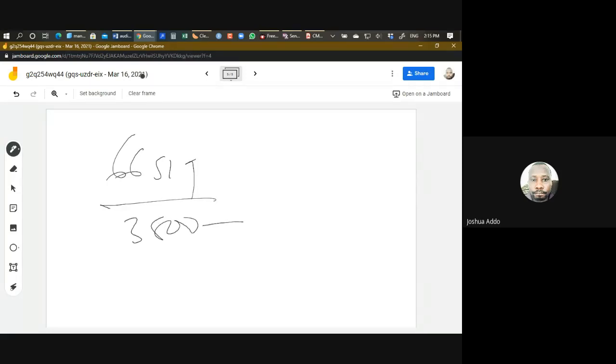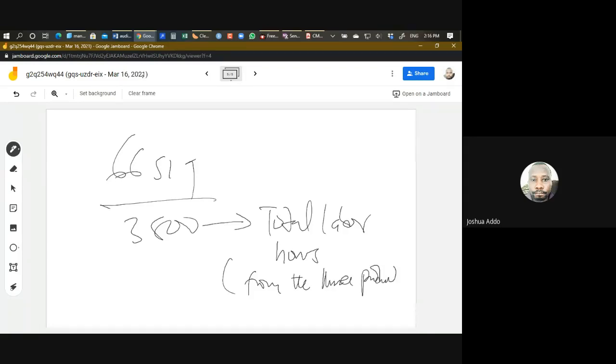This, for this illustration, is total labor hours from the three products, products A, B, and C, based on the illustration I was given. And this is the total production overheads.